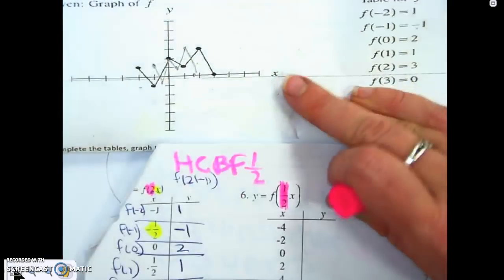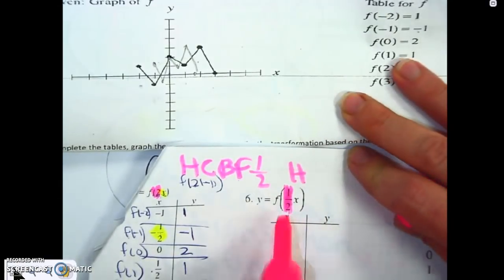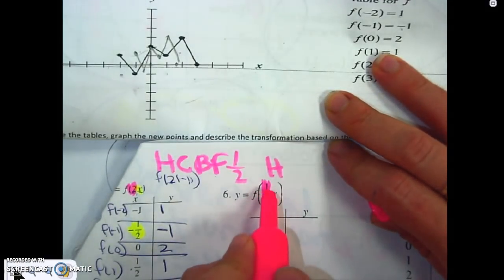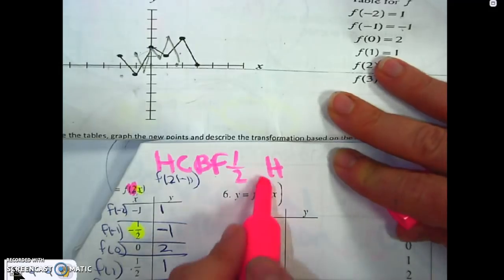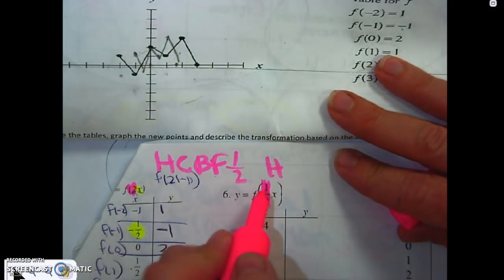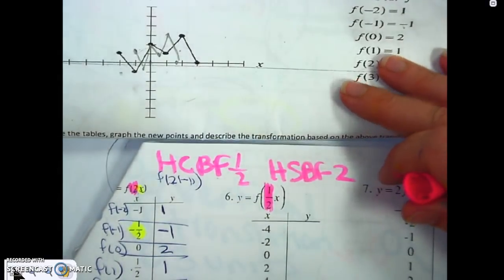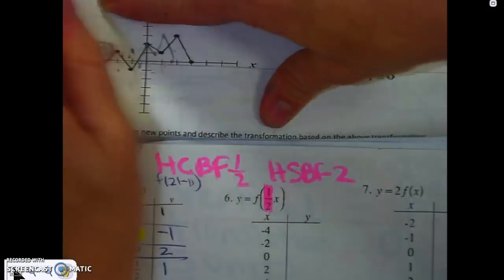Which means if I was to look at this and that's all I was to look at, I know it's with the x, so it's horizontal. But when I look at the x, it's not a straight shooter. And since it's being multiplied, I do the reciprocal. The reciprocal of 1/2 just means flip it, means 2. So that means that it's now a stretch by a factor of 2. So let's see if that actually works out. Let me erase this.